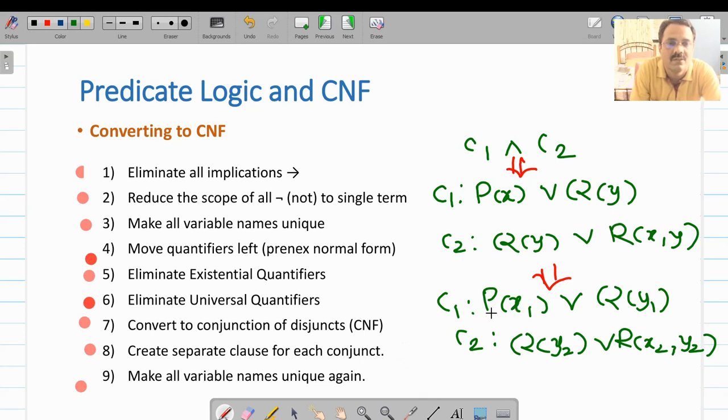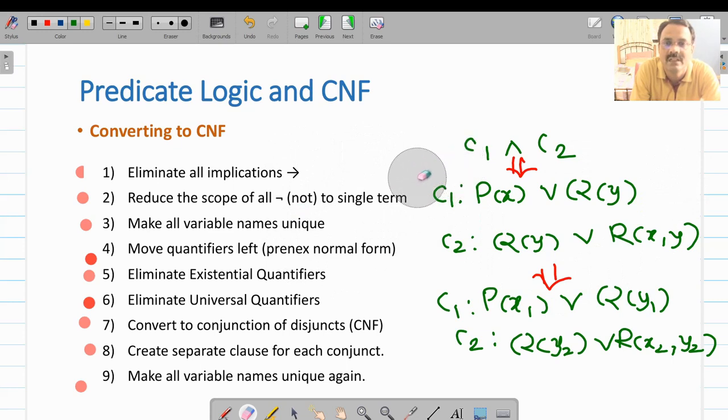So two different clauses, they are now referring to different variables, and that you can do very well because these are variable names. Only substitution you have to carry out throughout, so that will give you the same equivalent clause without changing its meaning.